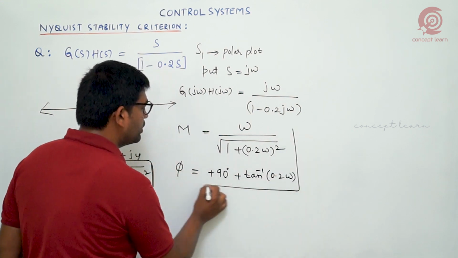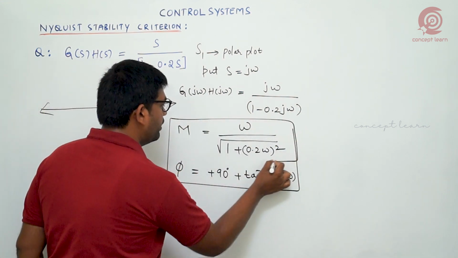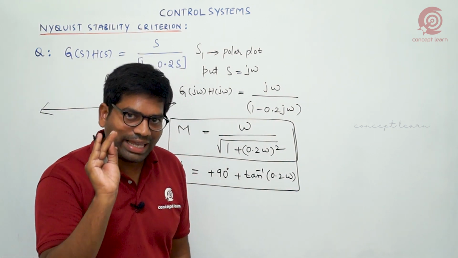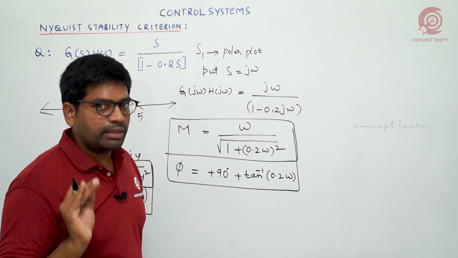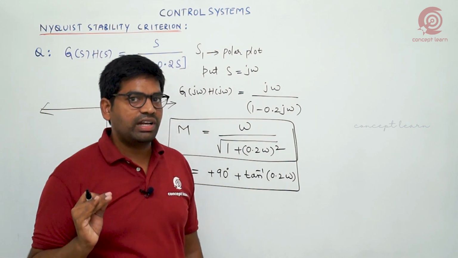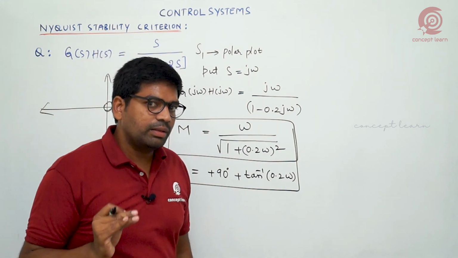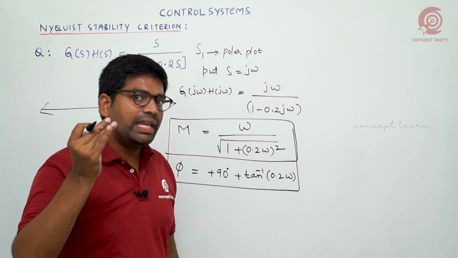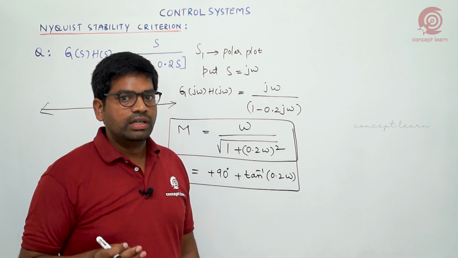So both magnitude and phase angle are identified, but to draw the polar plot, that is to construct the S1 path, we should substitute the starting point as well as the ending point. What is the starting point? For the frequency domain, omega is equal to 0. The ending point means omega is equal to infinity.